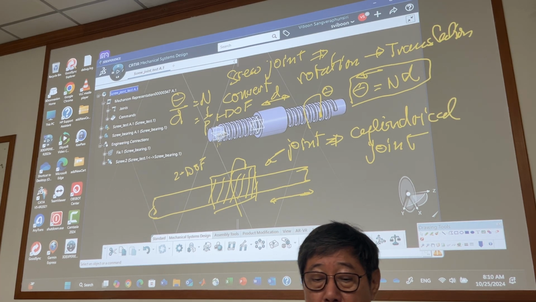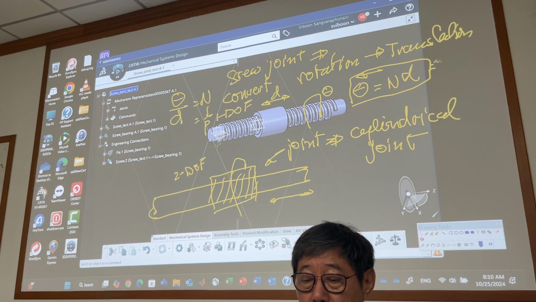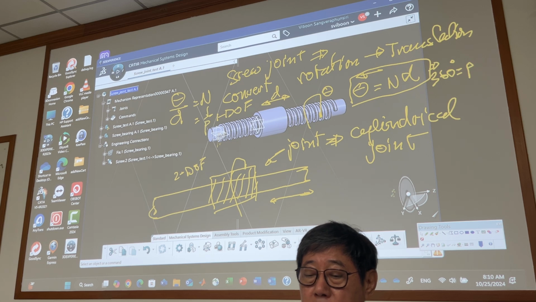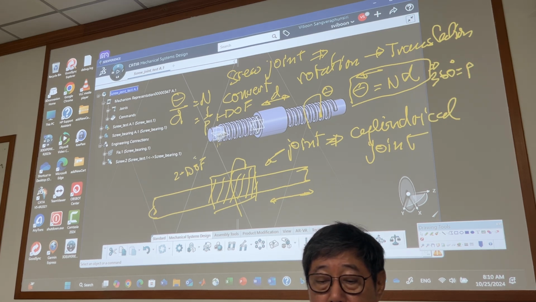Okay, so look at this one. If you have theta, you have a relation. You see this one comes from 360 degrees equal to what? 1 pitch, right? Equal to 1 pitch. So in that case, this is the pitch.